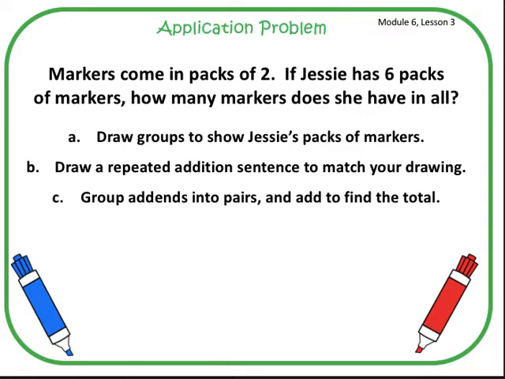I want you to read this with me. Markers come in packs of 2. If Jessie has 6 packs of markers, how many markers does she have in all? Total.